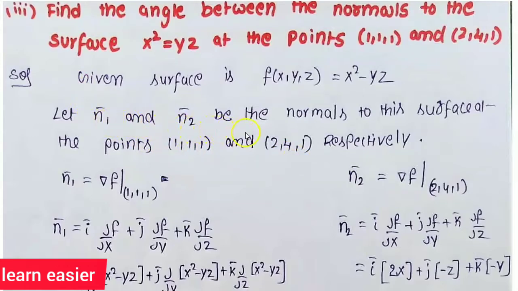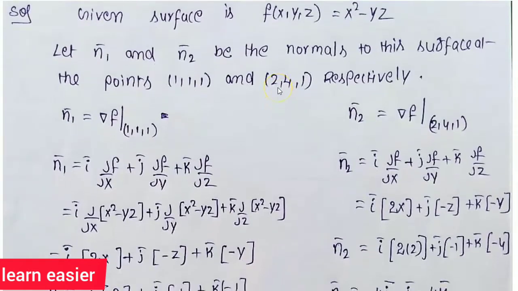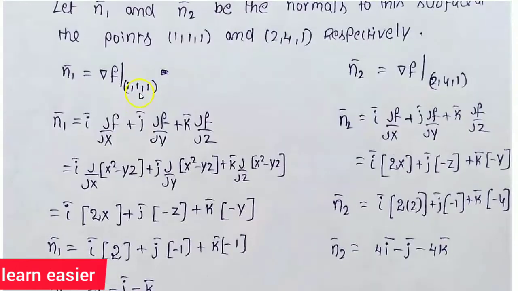So these are the normals to the surface at these points respectively. As we have seen in earlier videos, n1 bar is del f, so we have to find del f at (1, 1, 1).